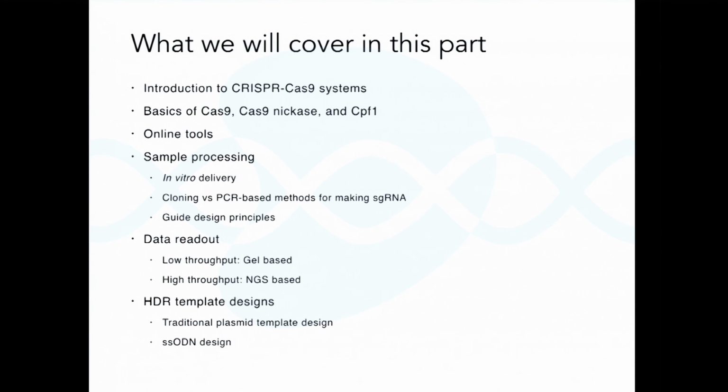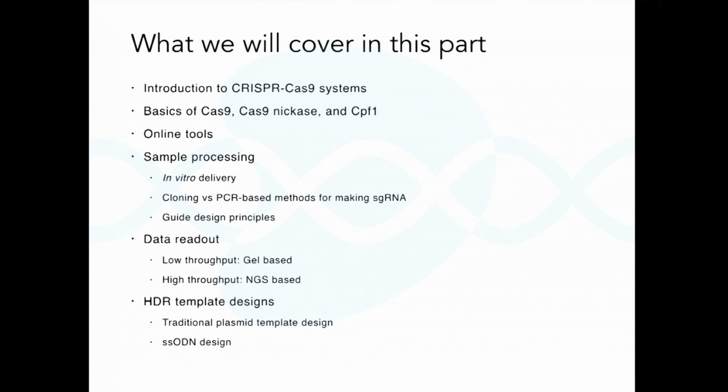We'll describe some online tools that we use that are really helpful for designing guides and using CRISPR. We'll also talk about how to process samples in the lab, how to read out these samples, and if you're interested in doing homologous recombination, we'll touch on some of those topics too.